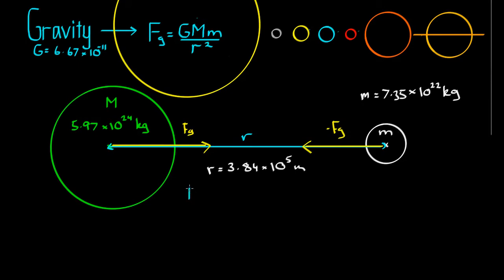So the exact force of gravity here, Fg, is equal to G m on r squared.